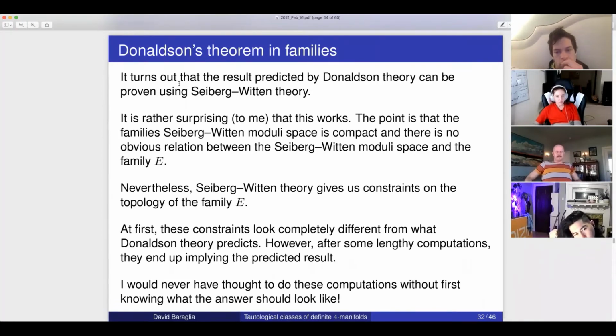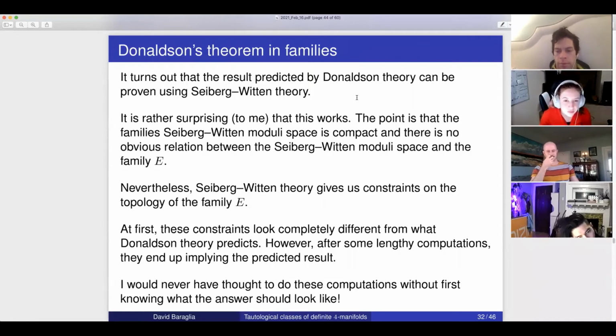It turns out that you can actually do it using Seiberg-Witten theory, and in fact you get a more detailed result. I found it rather surprising that this works, because if you look at the family's moduli space in Seiberg-Witten theory, it's compact.